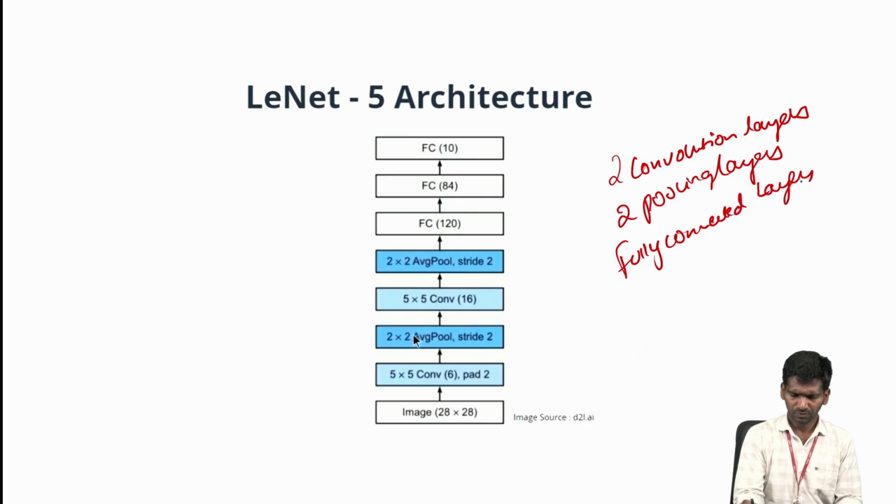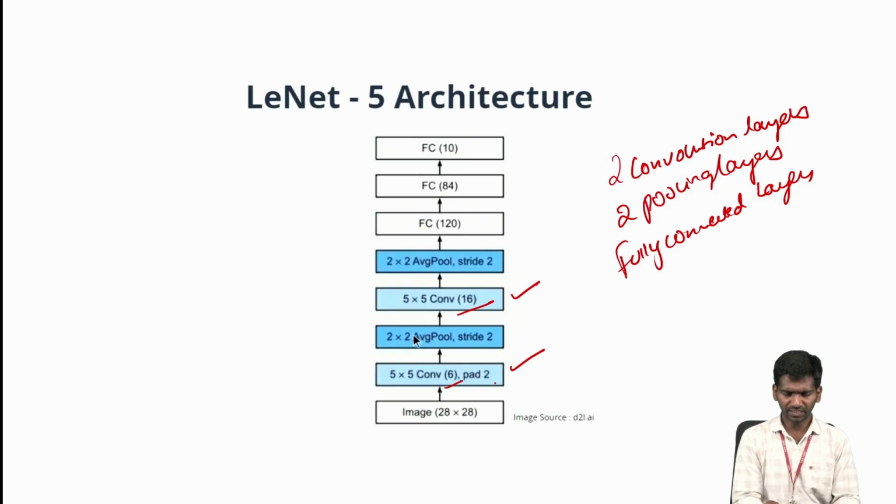You can see the 2 convolution layers are here and here. They are 5 cross 5, the first one with 6 convolutions and the second one with 16 convolutions.